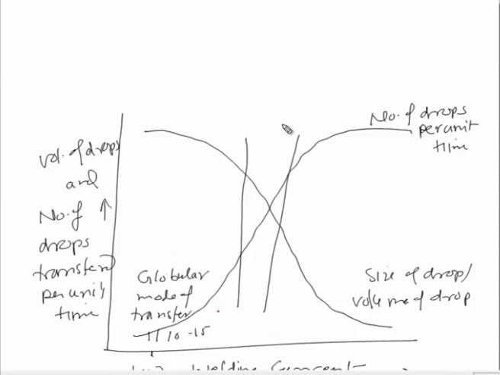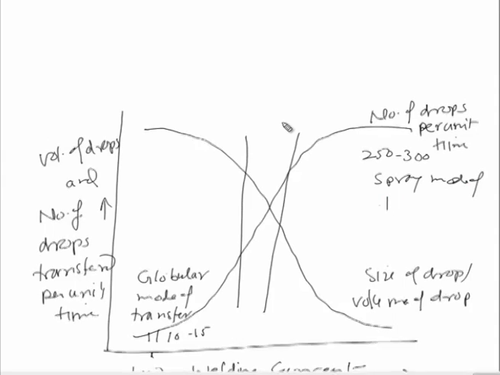This is the band where the number of drops being transferred during welding is very low, and when the number of drops being transferred per unit time increases significantly, maybe 250 to 300, we say that the spray mode of transfer is active.